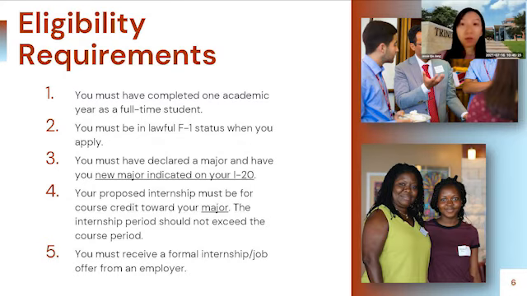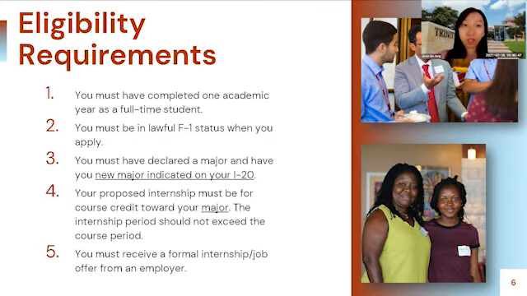And if you have to work off campus due to your financial situation, you do not apply for CPT. You contact our office, and our office will suggest a way for you to deal with your financial situation by authorizing you to work off campus with another type of authorization.